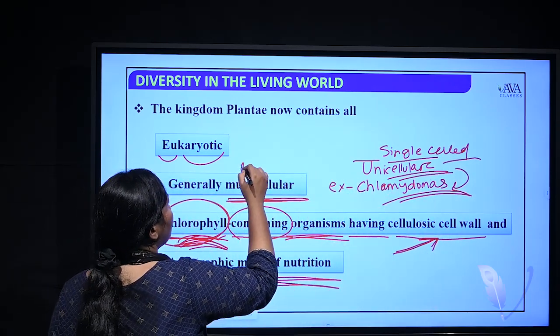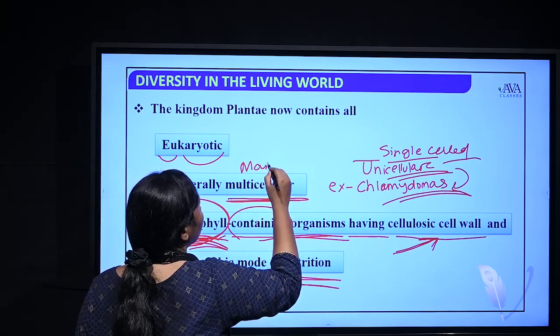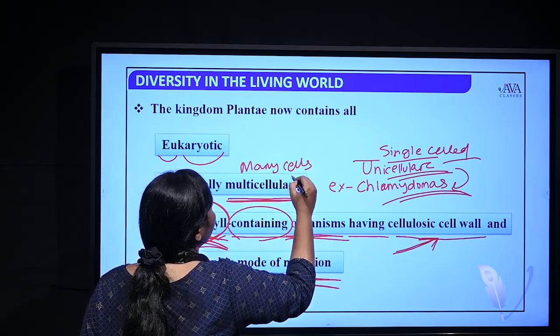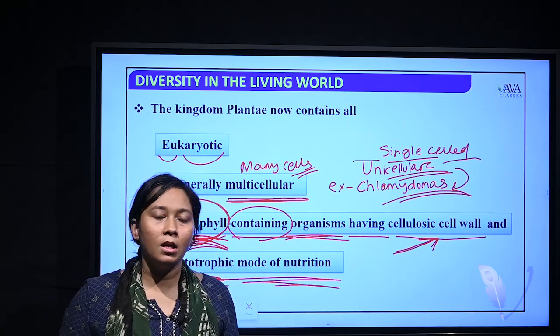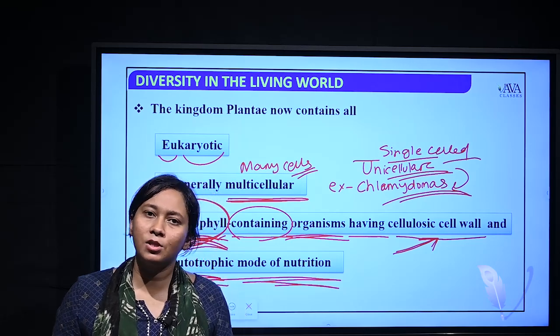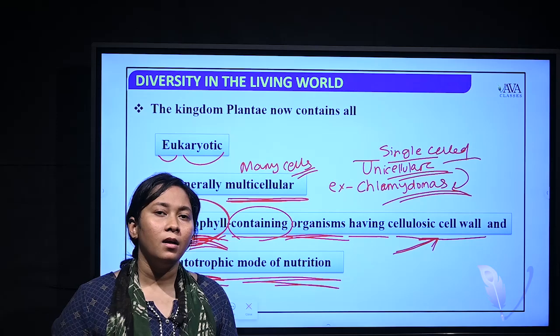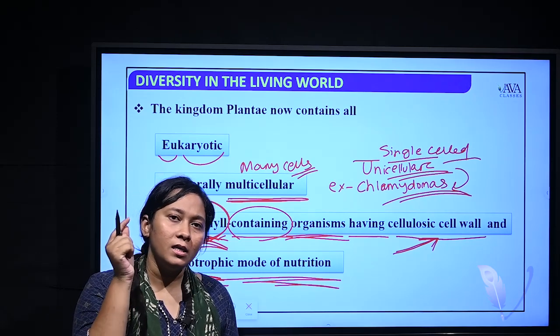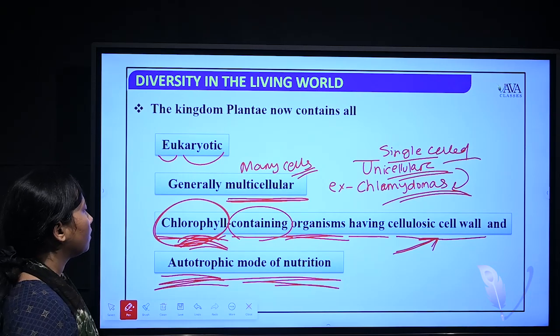Multicellular means, multi means more than one cell, many cells, clear? Generally they are multicellular, but in some lower organisms, unicellular organisms are also present. It means they can survive in only a single cell, they spend their whole life in a single cell.